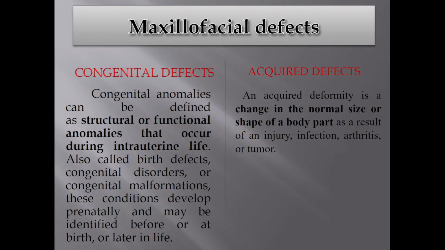And regarding acquired defects, an acquired deformity is a change in the normal size or shape of a body part as a result of an injury, infection, arthritis, or some types of tumor, and usually, of course, malignant tumors.